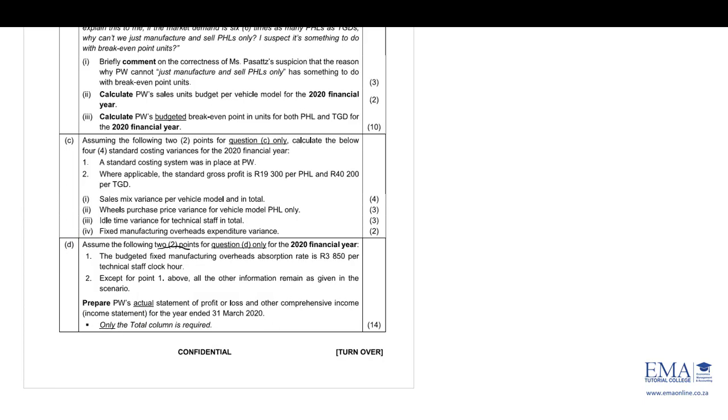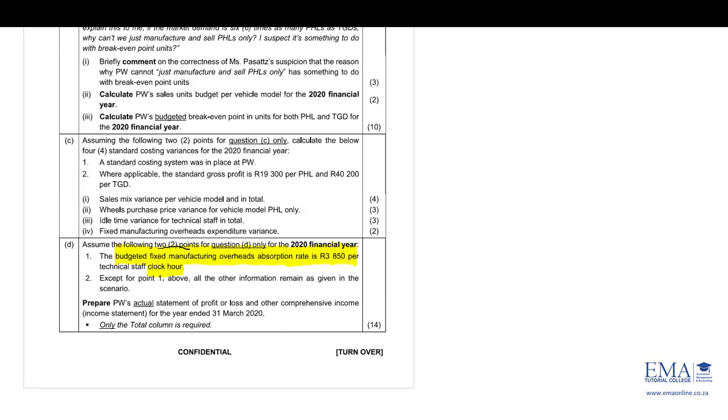Part D says here, assume the following 2 points for question D only for the 2020 financial year. They say the budgeted fixed manufacturing overhead absorption rate is 3,850 per technical staff clock hour.